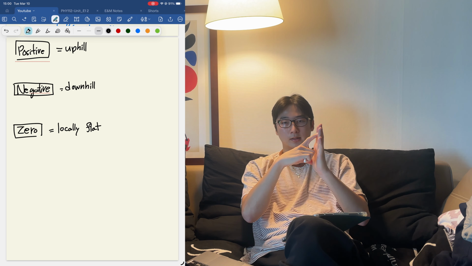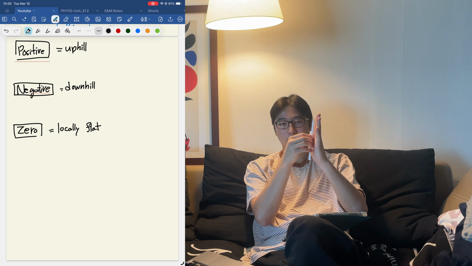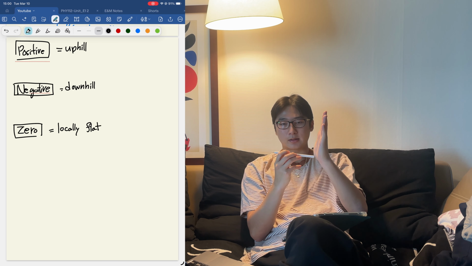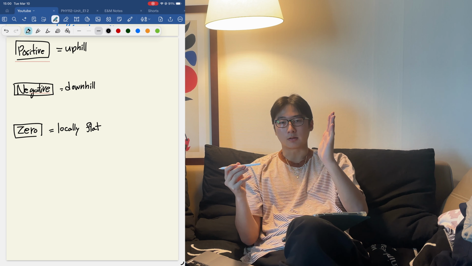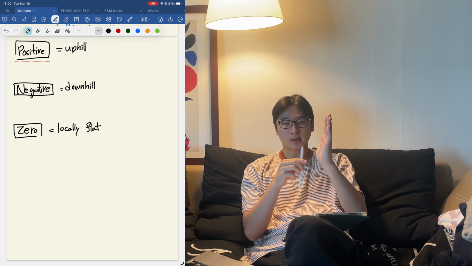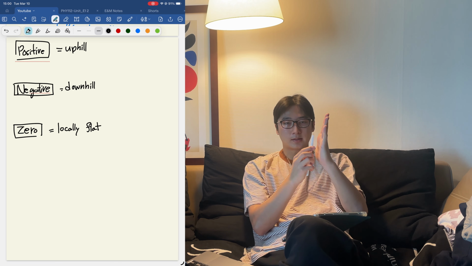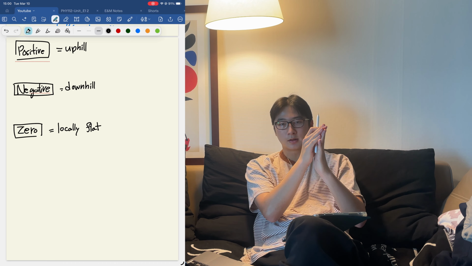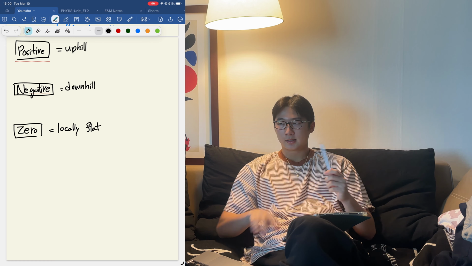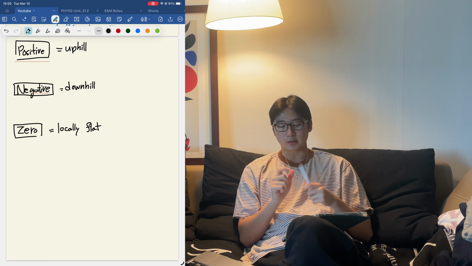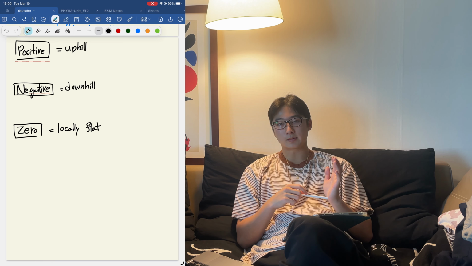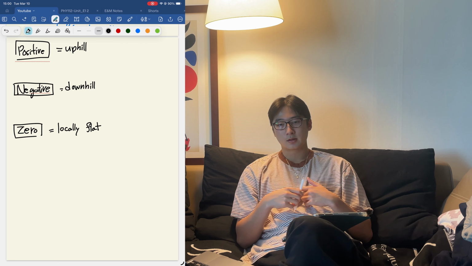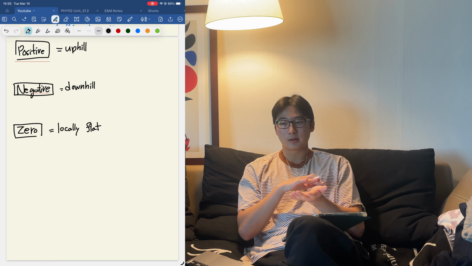The gradient points in the maximized direction, while the direction we choose points perpendicular, the minimized direction, which is 0. So that's why when the directional derivative gives us 0, we are walking on a locally flat surface.